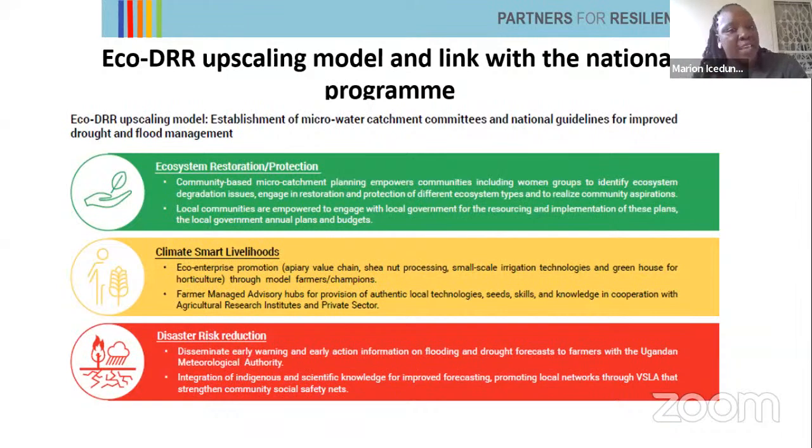So in terms of our upscaling, we're trying to share experiences on the project, particularly on the 3 aspects of Eco-DRR and how this can be integrated in the national planning guidelines. And in that way, then we can be able to replicate the work on Eco-DRR nationally in the different catchment areas. And so in this slide, the different components are clearly shown. Next.